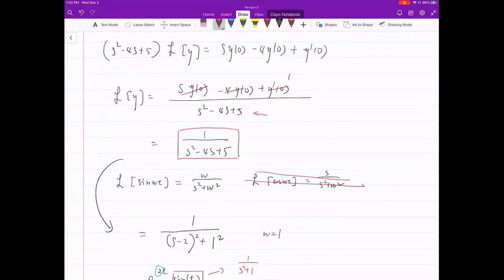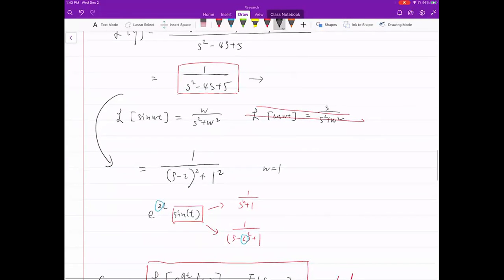If you have an initial condition to be 2 or to be 3, you're going to have different top. And that basically determines, when you split this one into 2 partial fractions, you have A, you have B times (s minus 2). This goes to sine, and this goes to cosine.